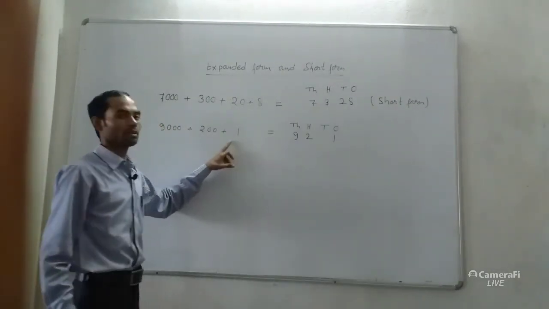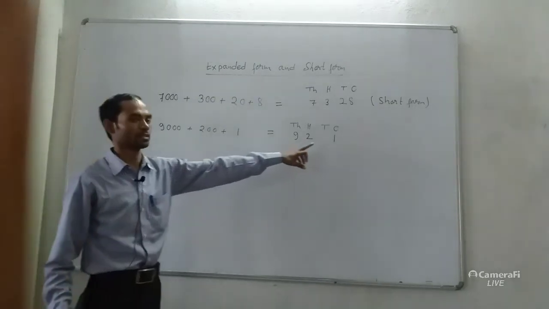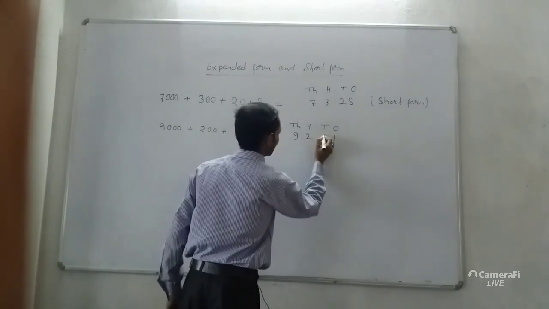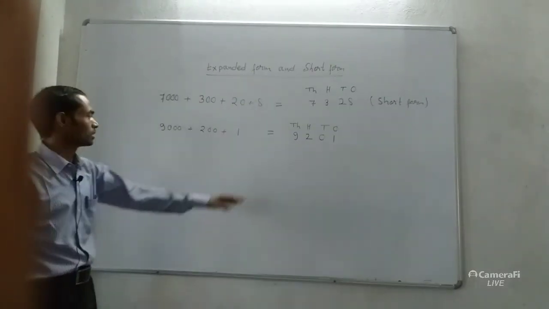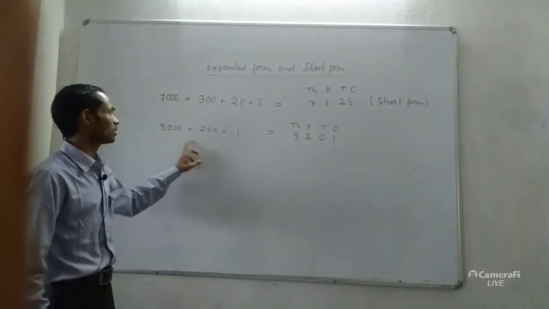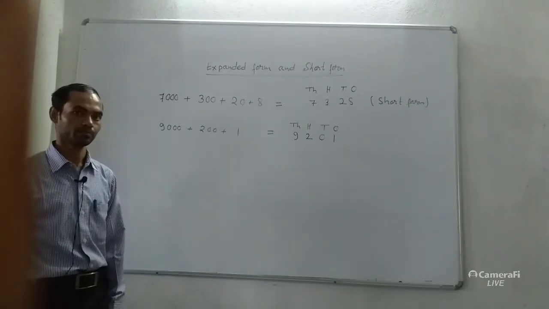There is no digit coming at the 10 place, so the 10 place digit will be simply 0. So this is the short form of this number, 9201.